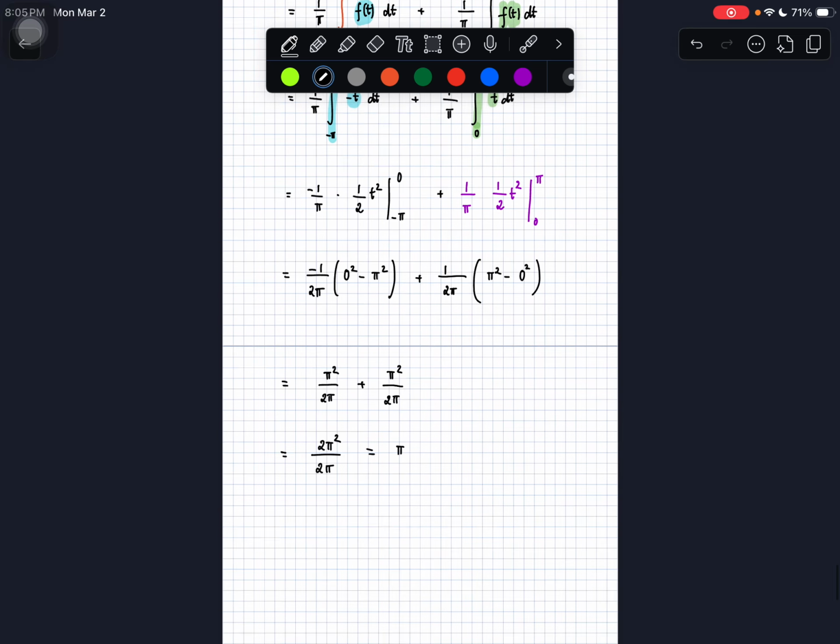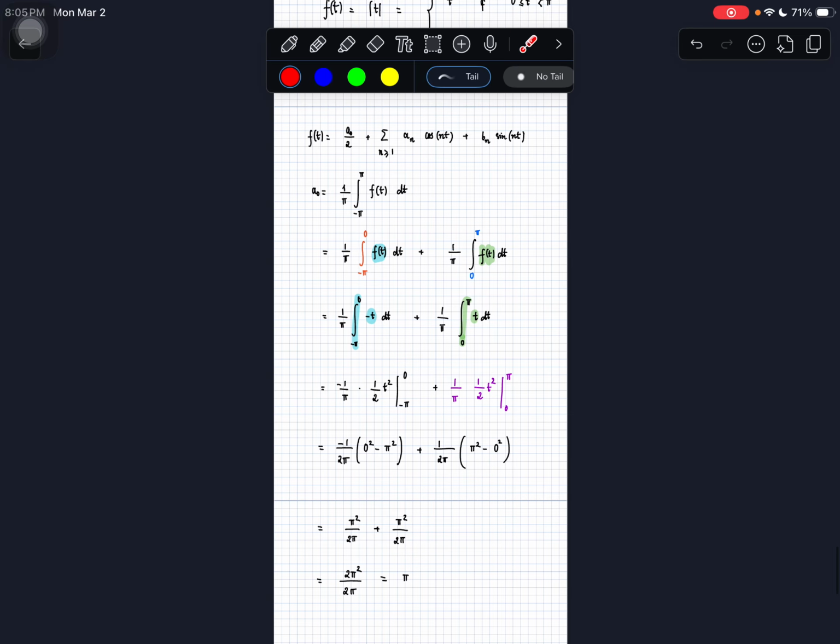So a0 equals pi. We found the first coefficient.